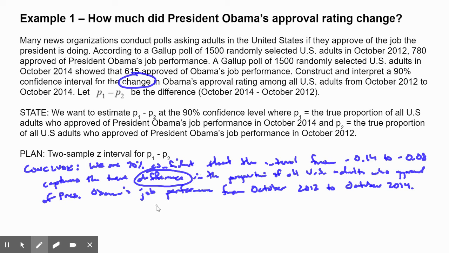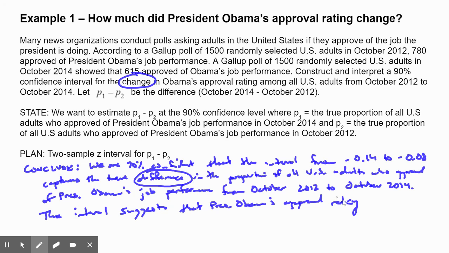But now we have to kind of interpret what these numbers mean. So we're going to say the interval suggests that President Obama's approval rating, and then the negatives mean that from 2012 to 2014 it actually decreased, right?